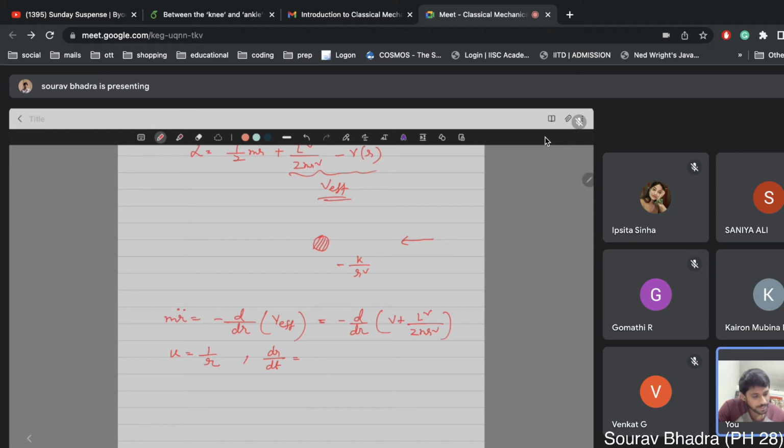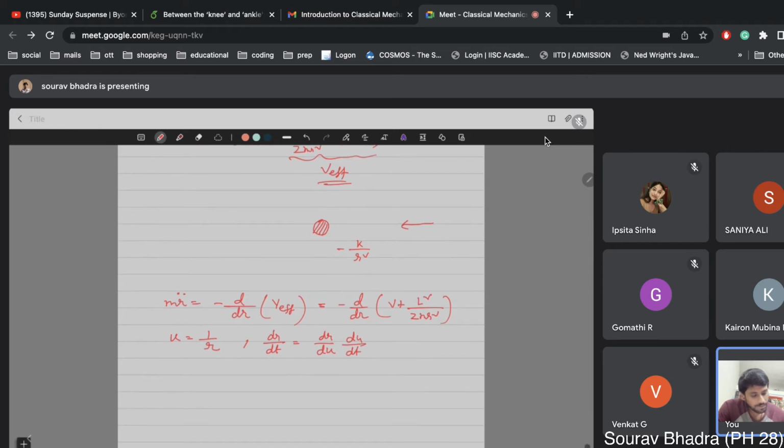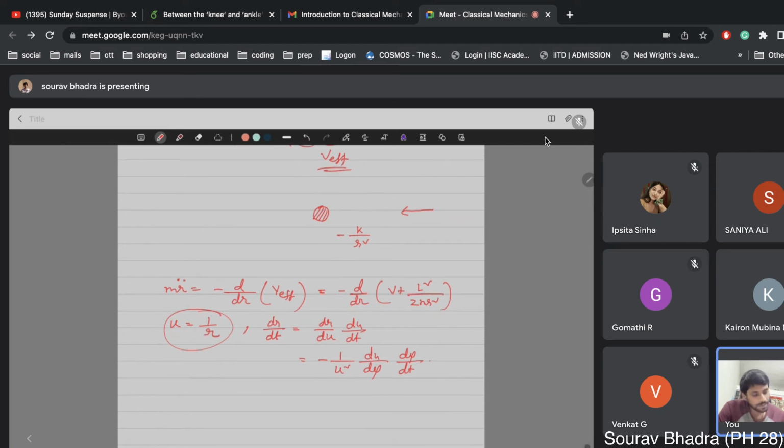Let me write: dr/dt is dr/du du/dt. Now del r del u becomes minus 1 by u square, and du/dt we will write as du/d phi times d phi/dt. Another chain rule is here. So that means minus phi dot by u square du/d phi. So remember this, u is actually the inverse of the radial distance.